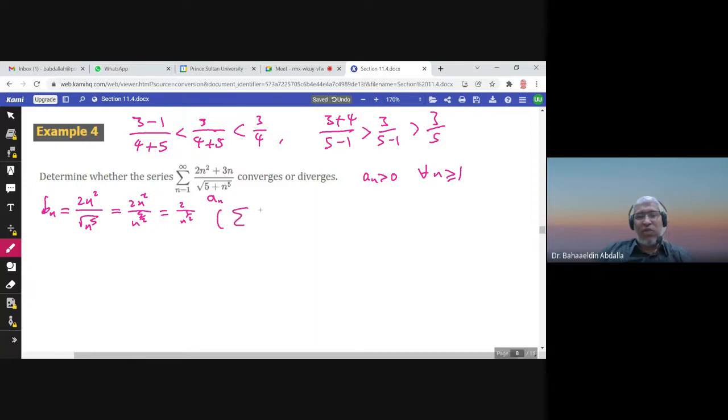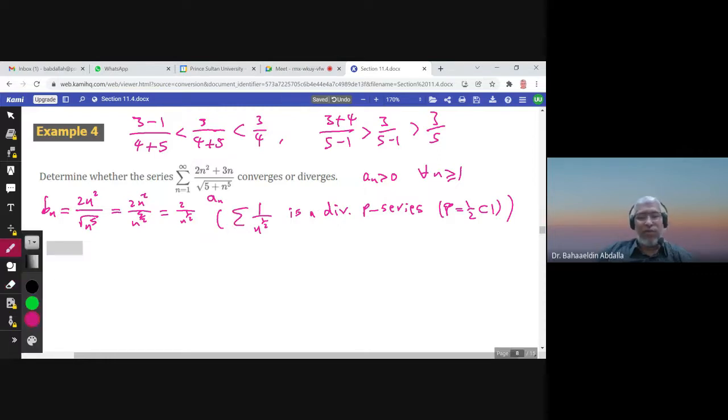Well, summation 1 over n to the power half is a divergent P series because P equals half, less than 1. So 2 over n to the power half would be a multiple of a divergent P series, so it would also be divergent.